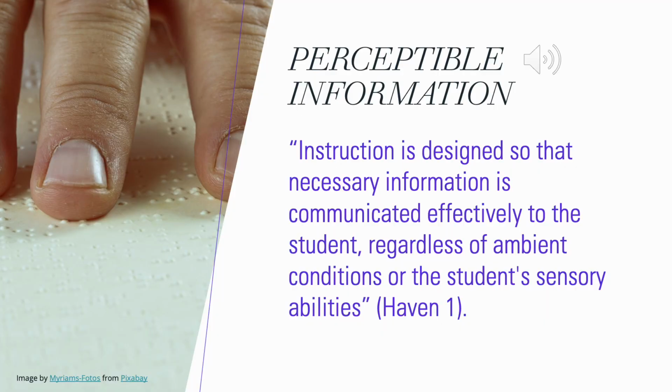We chose the UDL principle of perceptible information, which was defined by Professor Haven as instruction is designed so that necessary information is communicated effectively to the student regardless of ambient conditions or the student's sensory abilities. We chose the principle because we believe that it is a fundamental but often overlooked aspect of instructional design.